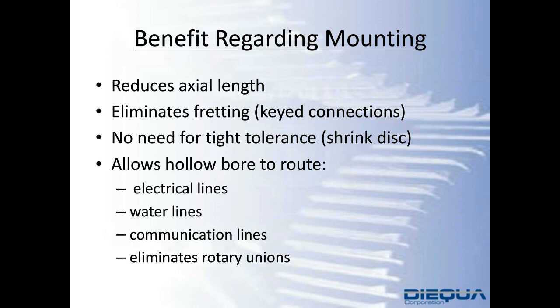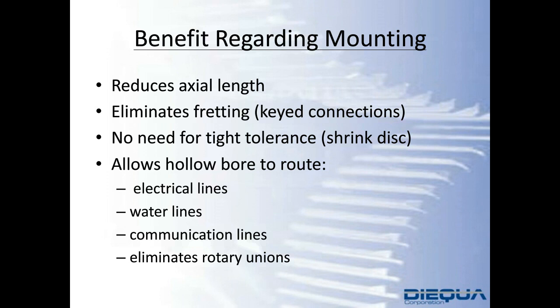Another reason to consider a robot flange is to allow you to use a hollow bore on the output face. This allows electrical lines to be routed through the center, along with water lines. Say you have a water jet application, or for individuals in the communication industry, it allows you to run your networking cables, for a satellite example, right?